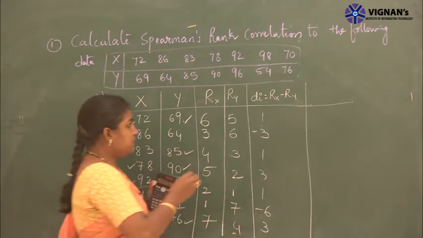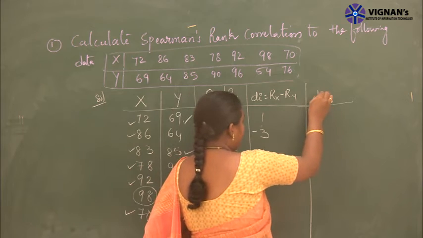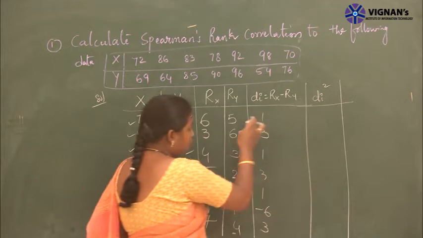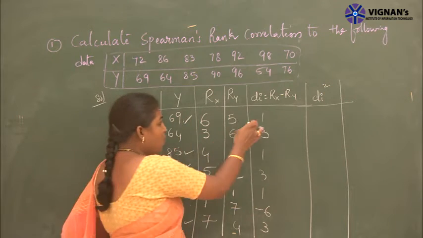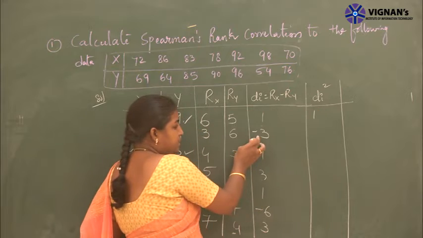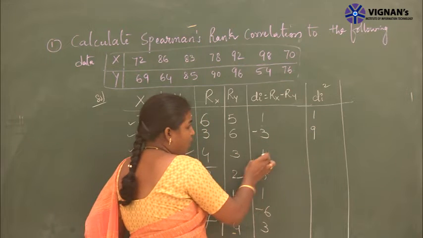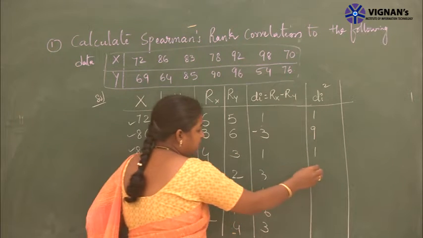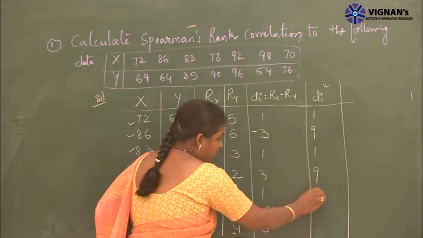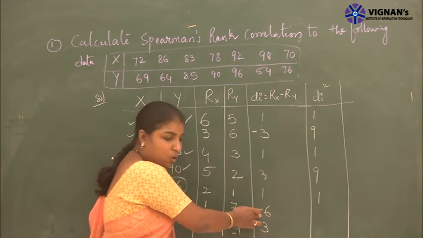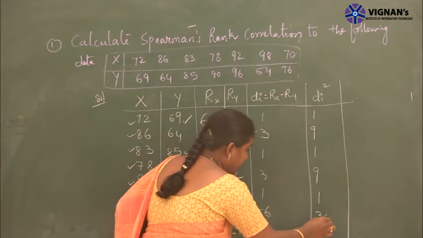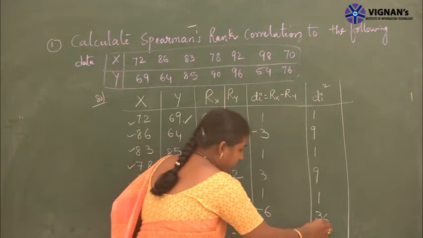Next step, we find di square by taking the squares of these values. We get 1 square is 1, minus 3 whole square is 9, 1 square is 1, 3 square is 9, 1 square is 1, minus 6 whole square is 36, and 3 square is 9.